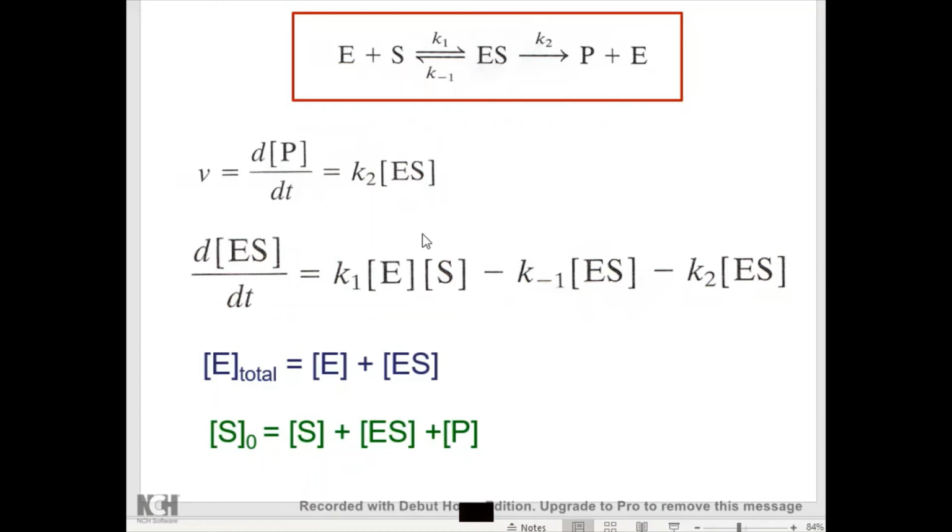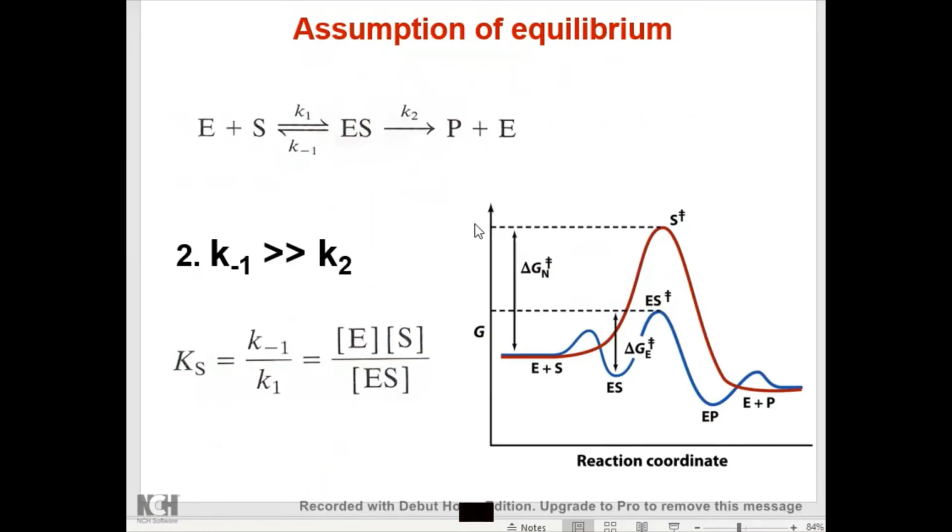And that's why, in order to solve it, we need to take some assumptions. Historically, this system of equations was solved under assumptions of equilibrium, in which we assume that the reaction of enzyme substrate decomposition is much faster than the actual catalytic reaction, and the equilibrium between enzyme and substrate can be established much faster than the conversion of enzyme substrate complex to the product.